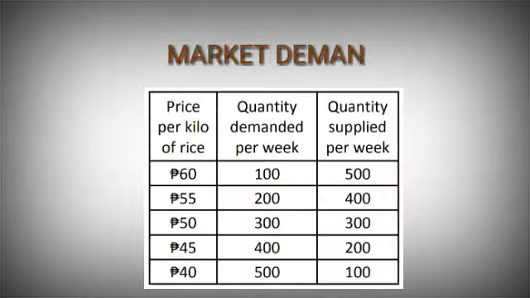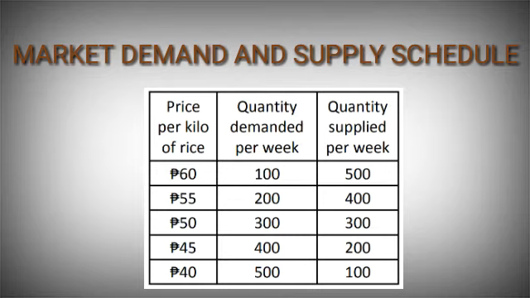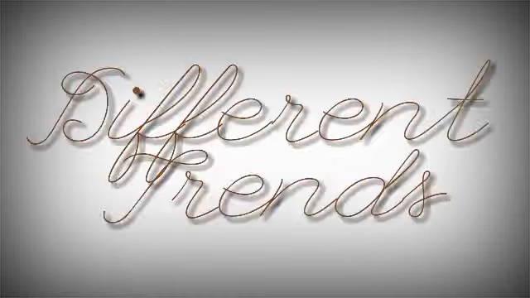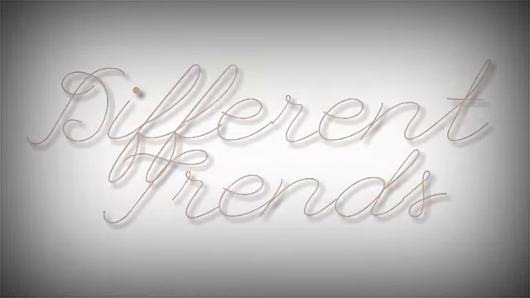As you can see in the market demand and supply schedule and the market demand and supply curve of rice, the point where the demand curve and supply curve intersect is called the point of equilibrium, with 50 pesos as the equilibrium price. Now the points above and below the equilibrium depict different trends.